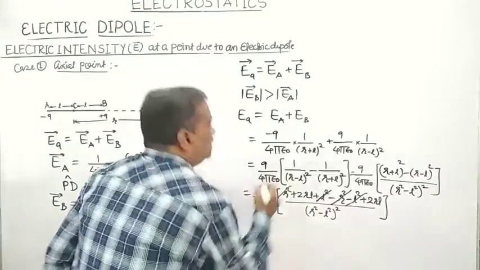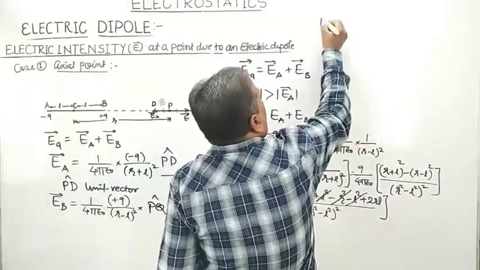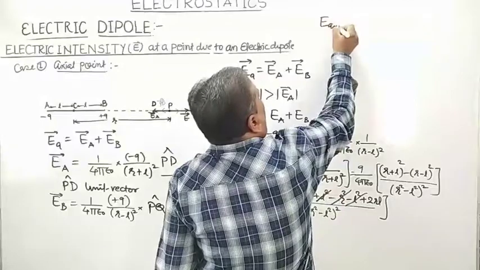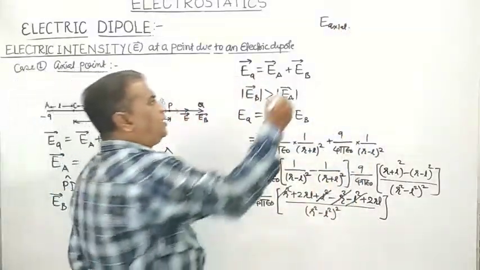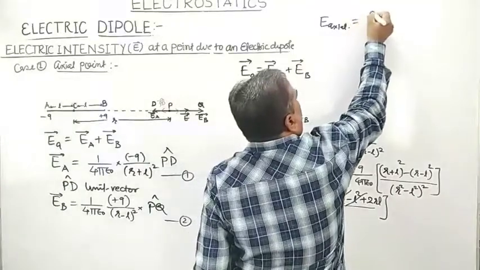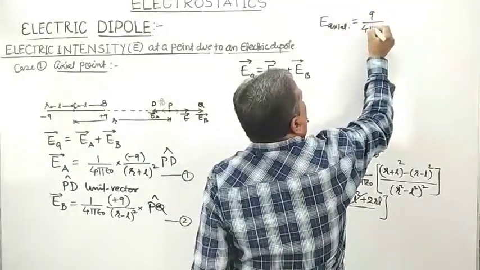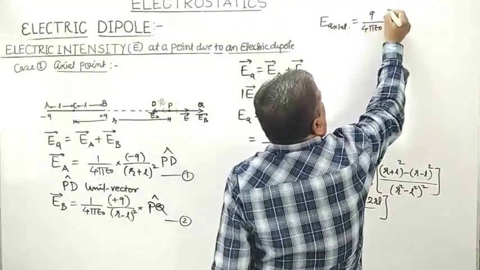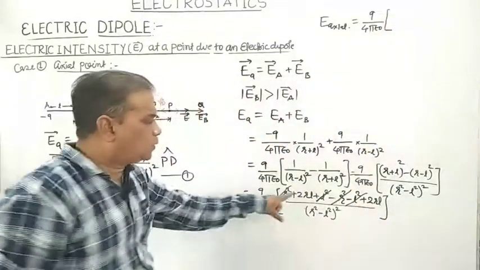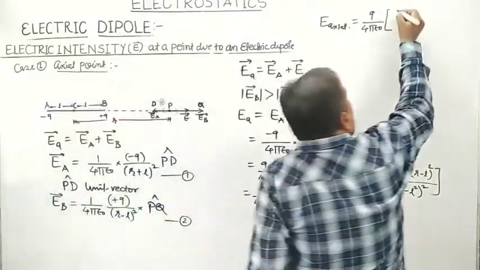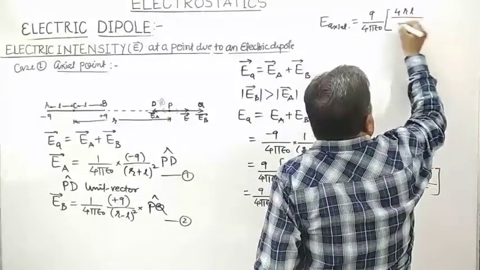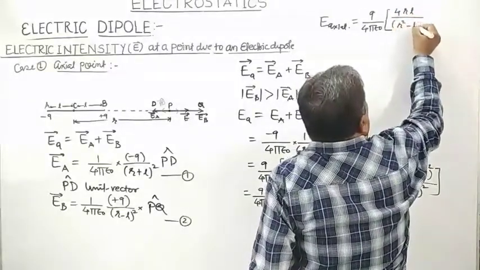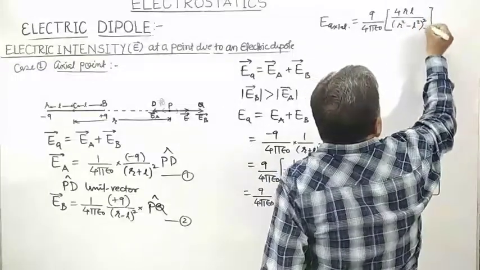In the numerator, the term left here, E axial, the magnitude of electric field intensity at any point along the axis, is found to be equal to Q divided by 4 pi epsilon 0 in bracket 2RL plus 2RL, which means 4RL divided by R square minus L square whole square.